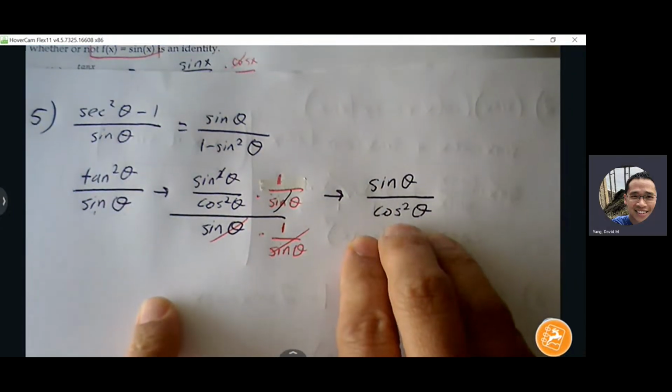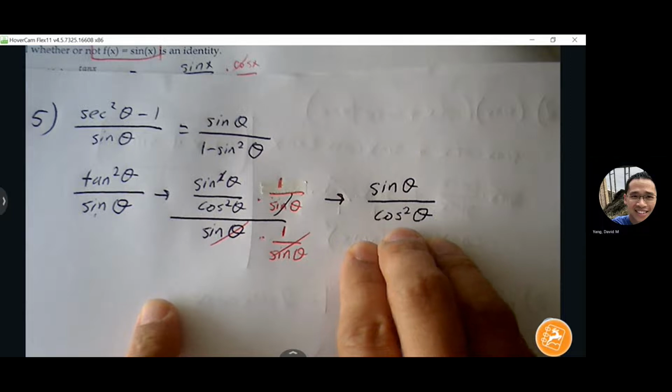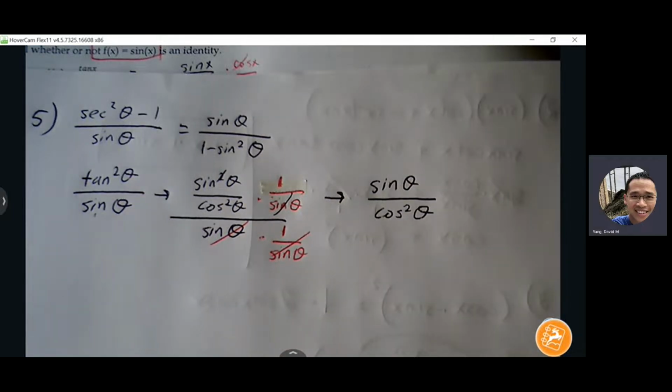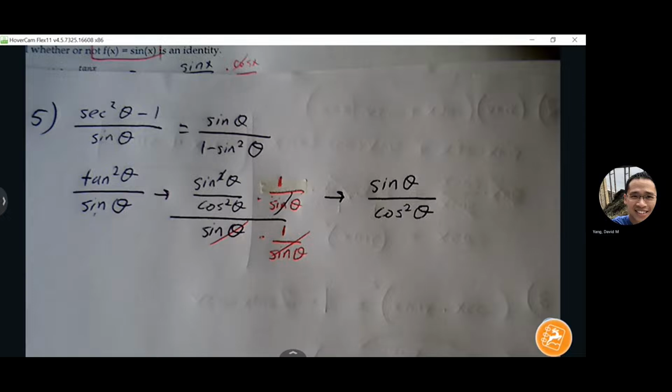Any questions so far? Yeah. Say it again. The sine theta that's on the denominator, why would we multiply by it? Because if I multiply by sine theta, then I'm left with sine squared theta.